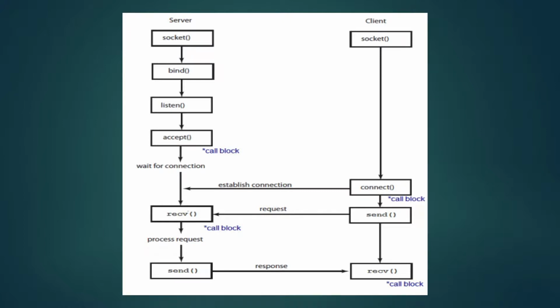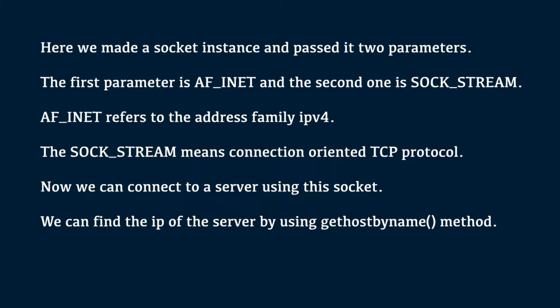Socket programming is started by importing the socket library and making a simple socket. Here we made a socket instance and passed it two parameters. The first parameter is AF_INET and the second one is SOCK_STREAM. AF_INET refers to the address family IPv4.